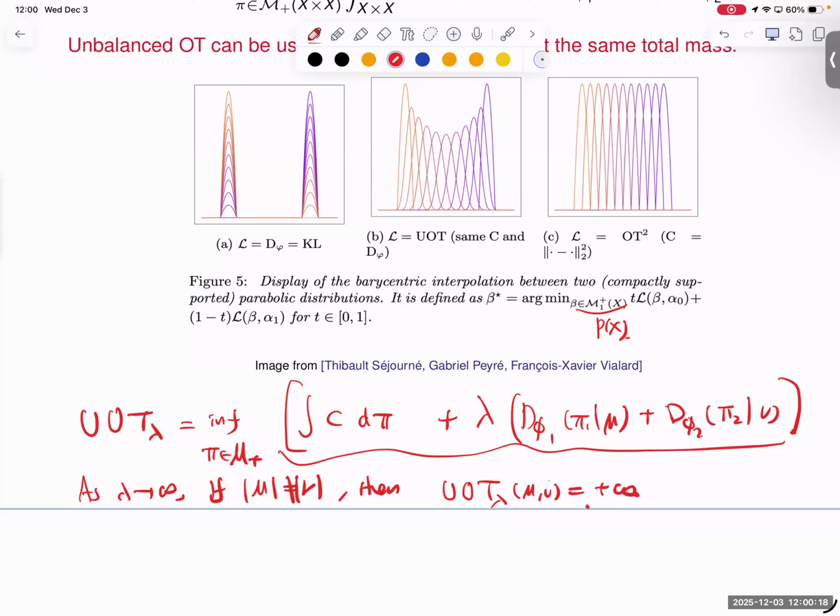So what James is asking is, in the previous case when we considered existence of an optimal transport plan, we used that, let's say the domain is compact, then the space of probability measures on a compact domain is compact with respect to the weak topology, and the functional is continuous. We have a compact set, so existence is okay.